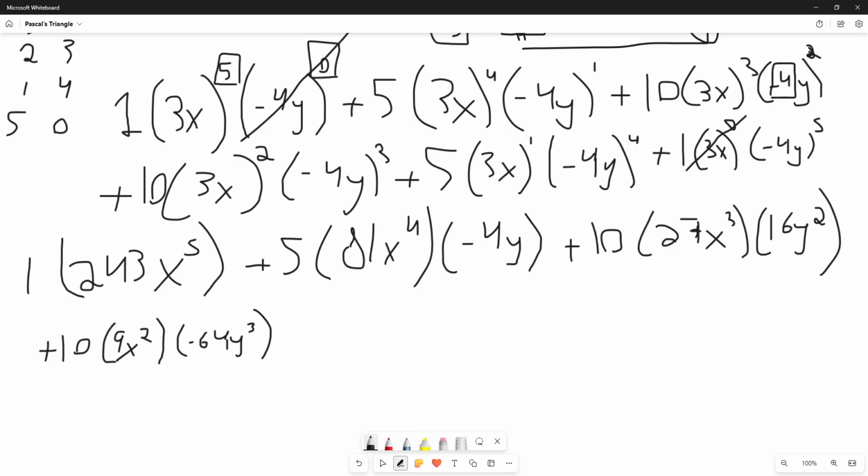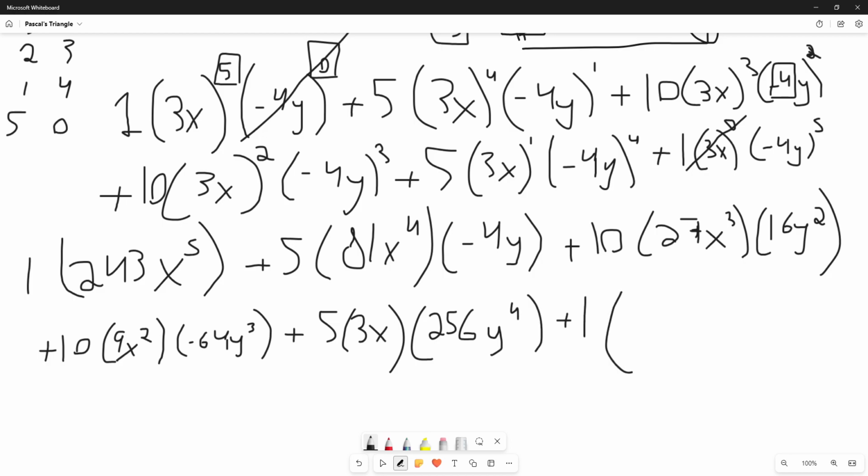And the next one, plus 5, 3x to the power of 1 is just 3x. So we can pull up 3x here. And then minus 4 to the power of 4, remember, is an even exponent, so it becomes positive 256, because 4 to the power of 4 is 256. Y to the power of 4 plus 1.